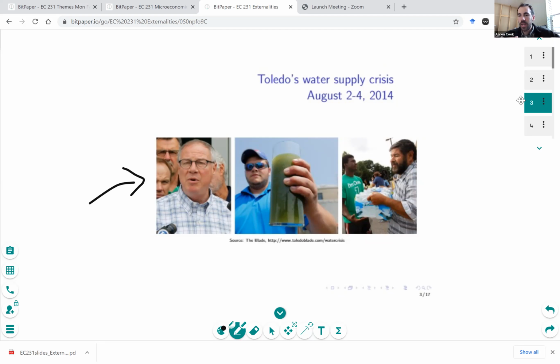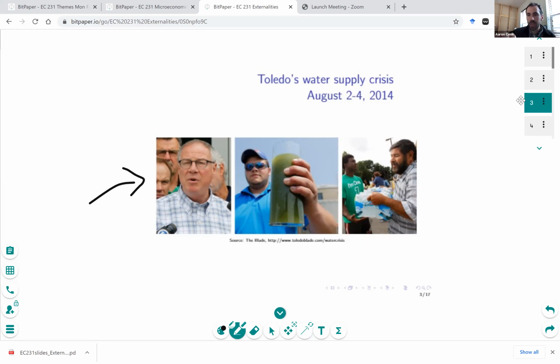It's not treated by standard water treatment processes, and an algae bloom came up right near the intake valve for Toledo's water supply, and a lot of the water they brought in was contaminated with this microcystin.